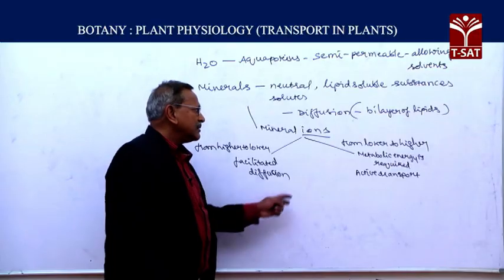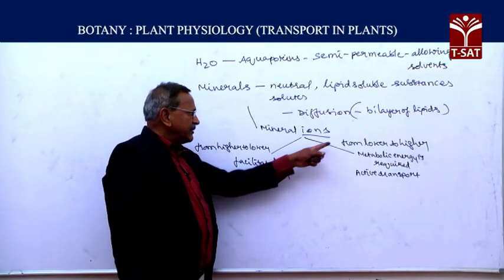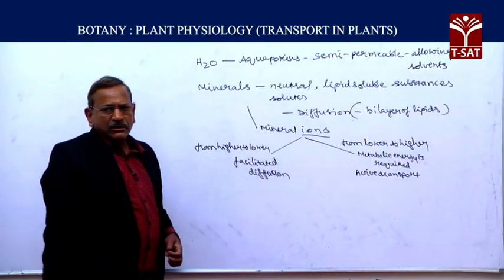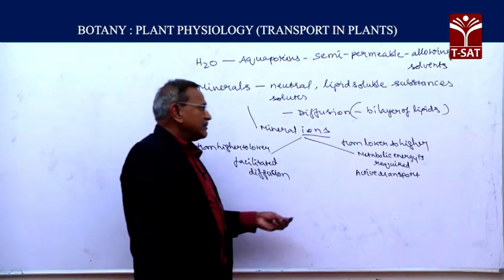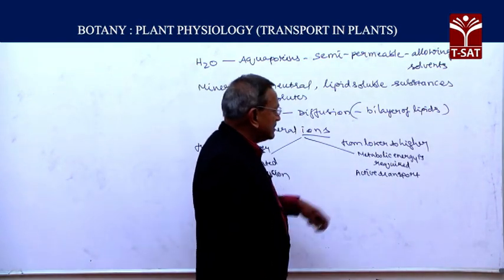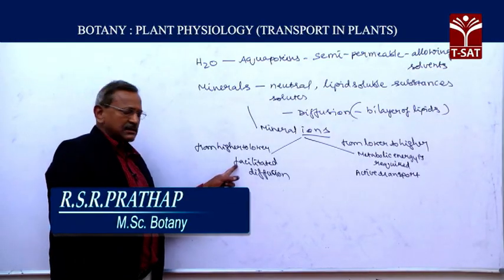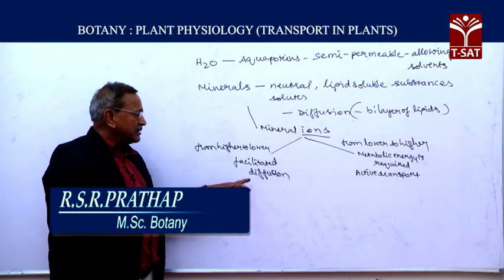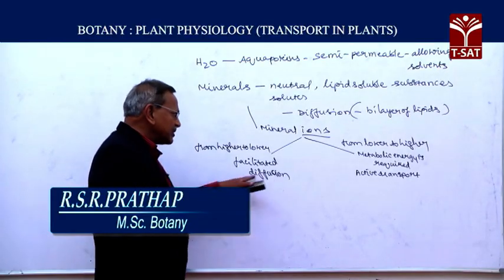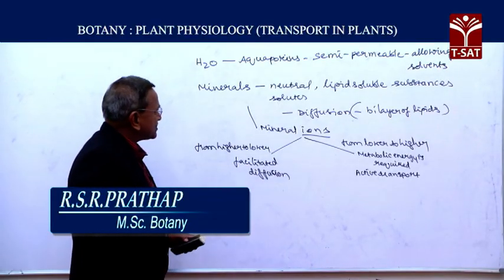So in this kind of transport from lower to higher, metabolic energy is required. This is called active transport. From higher to lower, this is called facilitated diffusion, and both require carrier proteins.